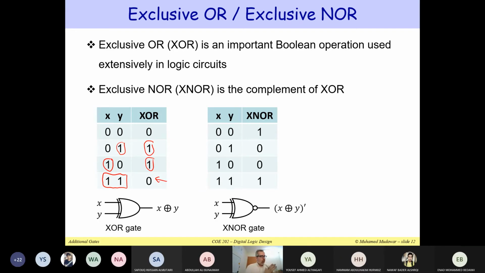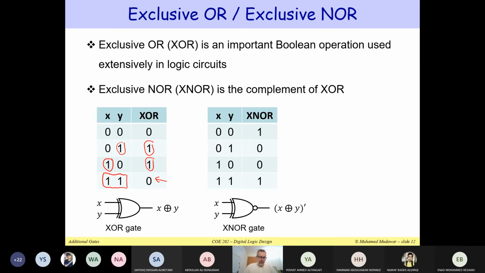This is the difference between OR and the exclusive OR. In the case of the OR, you get 1 when either one or the other is 1, or both of them. But in the case of the exclusive OR, exactly one of the inputs should be equal to a 1. Is this clear? This is basically the truth table of the exclusive OR.